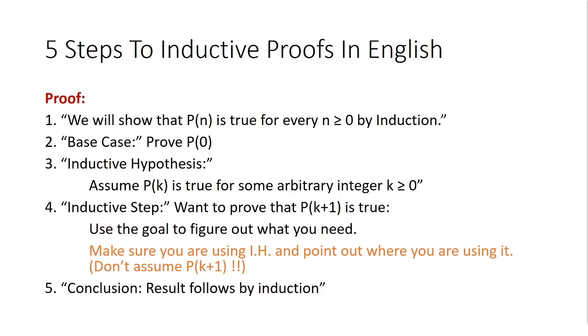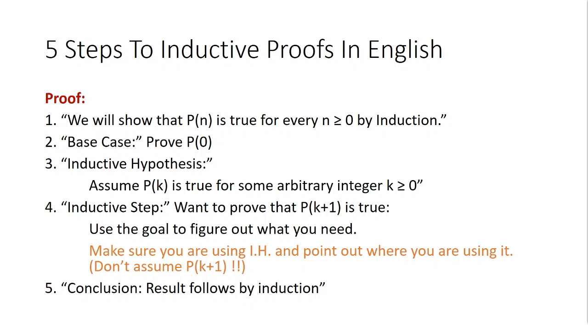Then the next step, we have to find the inductive hypothesis. That is about the implication of P of k and P of k plus 1. So in this case, we assume P of k is true. Next, we need to connect P of k and P of k plus 1.